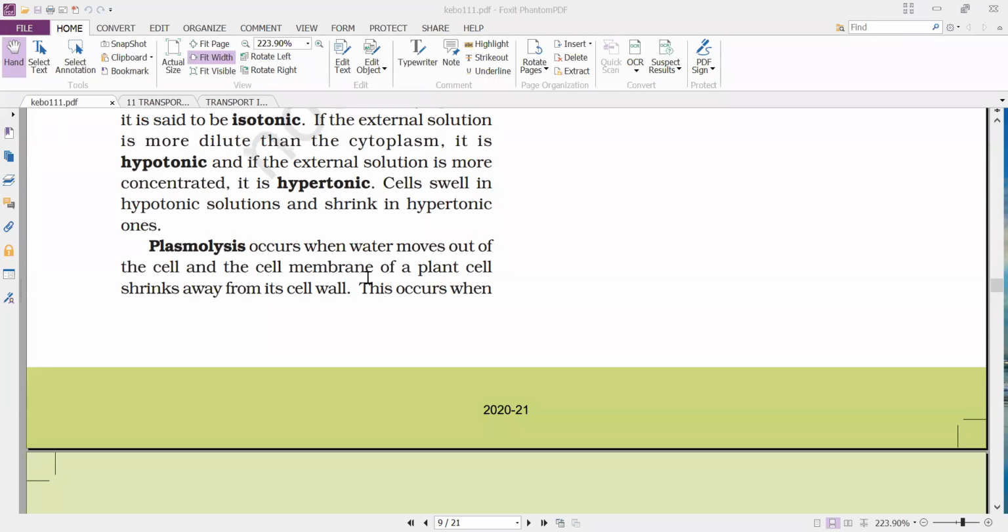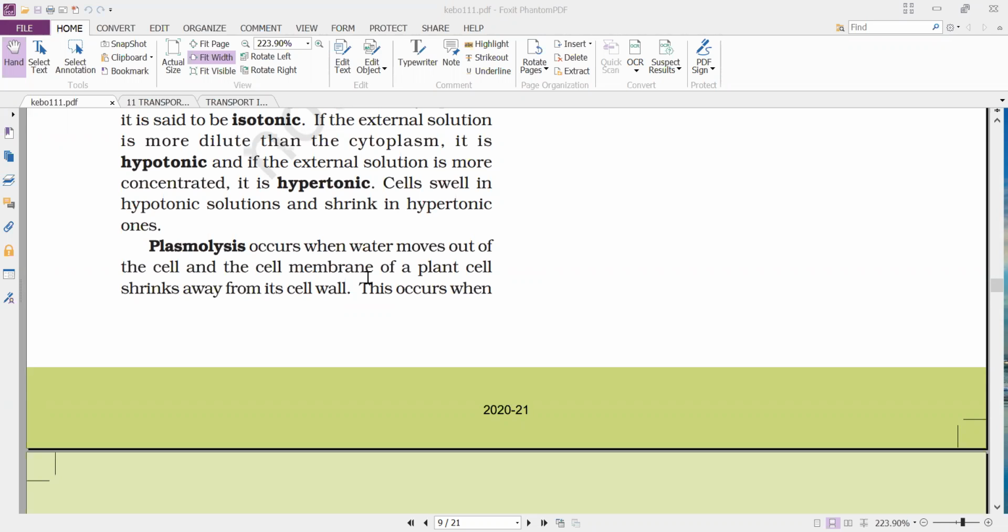Beyond that, the plasma membrane will not extend, and so there is no bursting of the cell in the case of plant cells placed in a hypotonic solution.